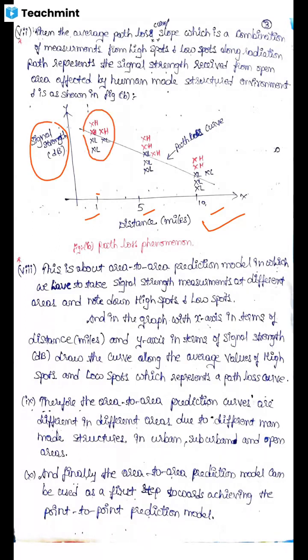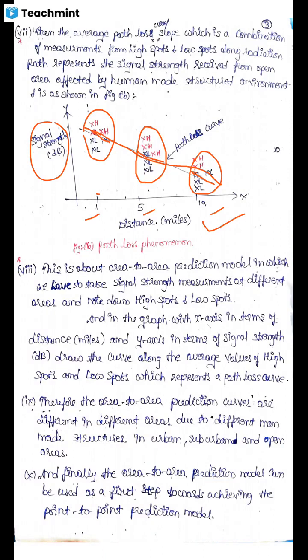At 5 mile distance, I will note down the readings that I had taken for the high spot areas and low spot areas. And at the 10 mile distance, I will note down the high spot areas and low spot areas. Now I will calculate the mean value, the average value of these high spots and low spot areas at 1 mile, the average value of high spot and low spot at 5 miles, and the average values of high spot and low spot at 10 miles. And finally, I will draw a curve. This curve represents the path loss curve, that is how the signal strength is decreasing due to different human-made structures or natural terrain configurations at a particular area.